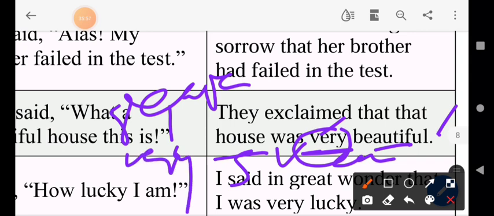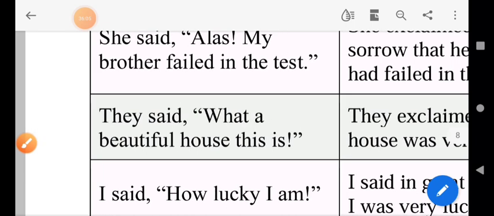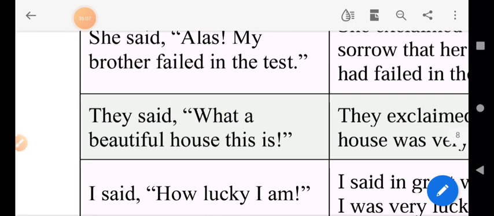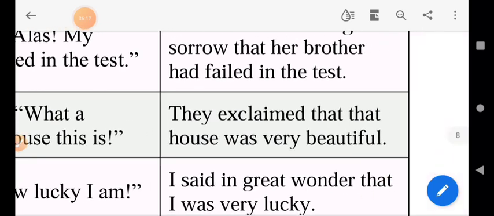They exclaimed that that house was very beautiful. There is no change of meaning. Both have the same meaning. They said, what a beautiful house this is. This expresses a surprise. Surprise means a sudden feeling. They exclaimed with surprise.